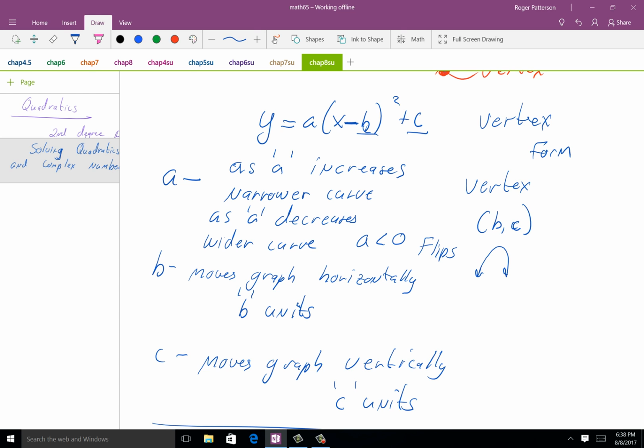When we were solving these, this one's been shifted this way. So its vertex is a negative one, whereas this one, the vertex is a positive one.